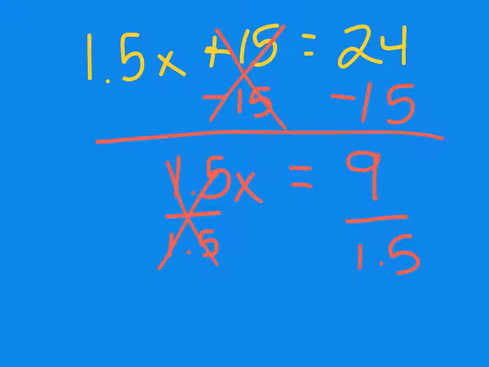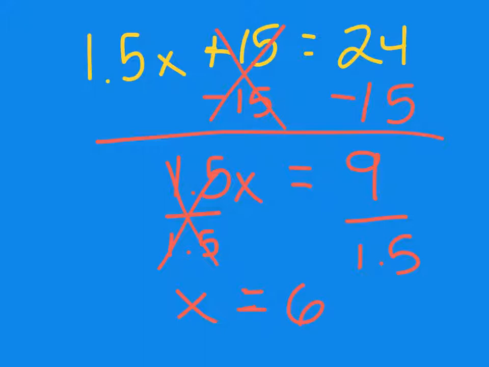That crosses that out over here, leaves me with x. And then I have to do 9 divided by 1.5. Well, I know that 1.5 goes into 3 twice. And if I multiply that by 3, then I would get 9. So 3 times 2 would give me 6. So our answer is 6.